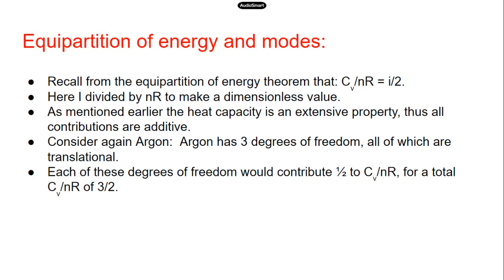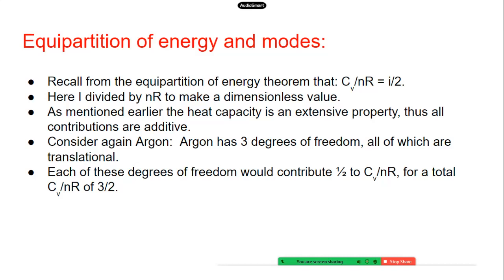The next one has CV over NR of 1/2. The next one has CV over NR of 1/2. So 1/2 plus 1/2 plus 1/2 is 3/2. So the heat capacity at constant volume of argon is CV over NR equals 3/2. You have to add all the contributions of heat capacity together.